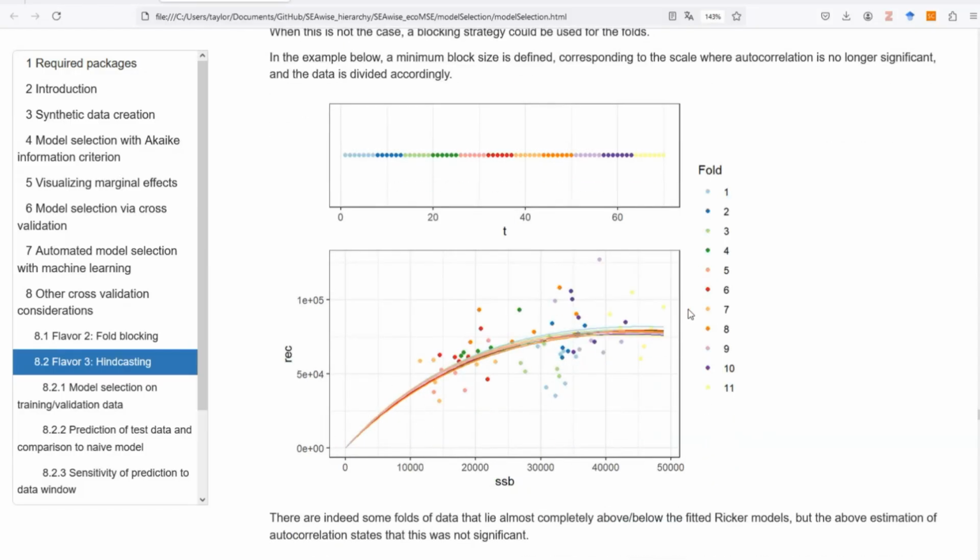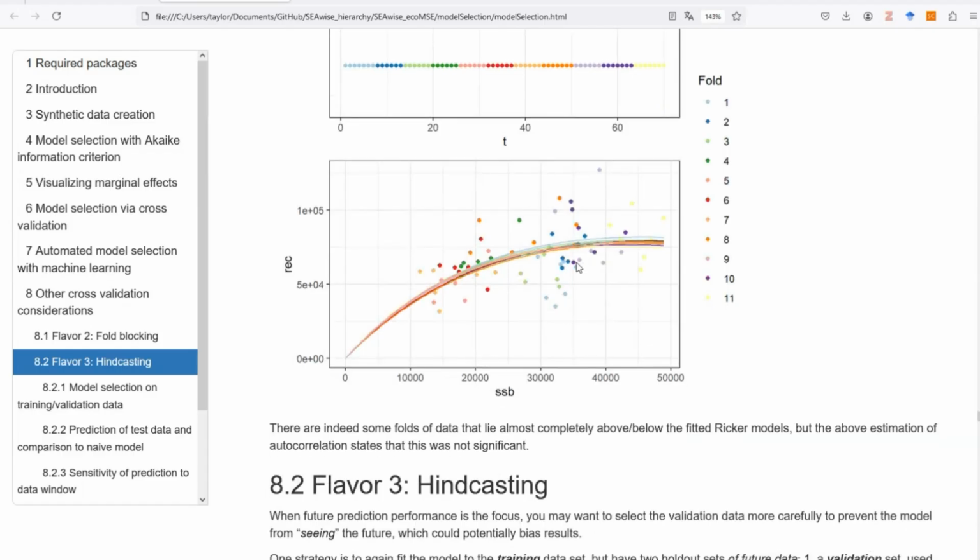You can see here that there's actually a lot of similarity in the fitting of the models. But on the other hand, you do see some blocks of data, like these light blue ones that are all below the model line. You see other ones like the green ones that are all above. So there's something going on there, but across all the folds it gets washed out.